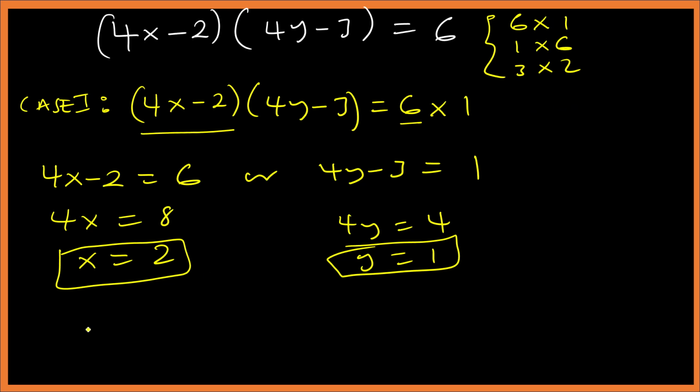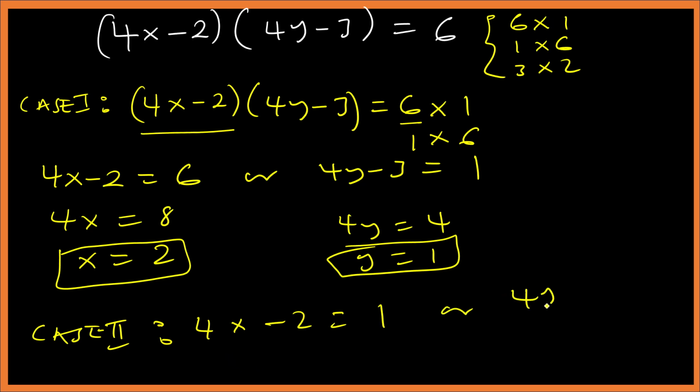Now let's go to case 2. Now with the second case, the second case will be 1 times 6. So it will be 4x minus 2 equals to 1, or 4y minus 3 equals to 6. So this side will be 4y equals to 9.